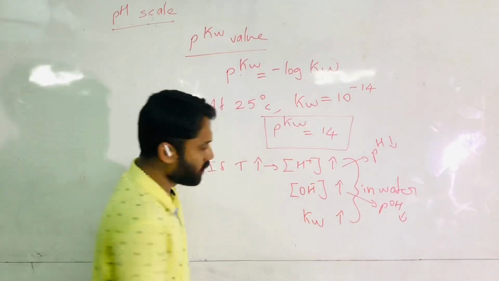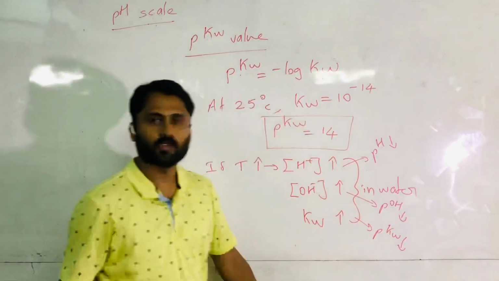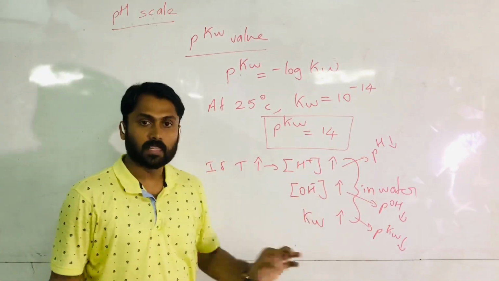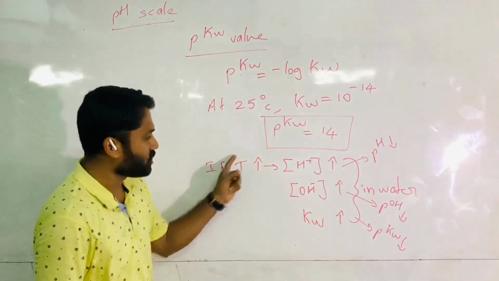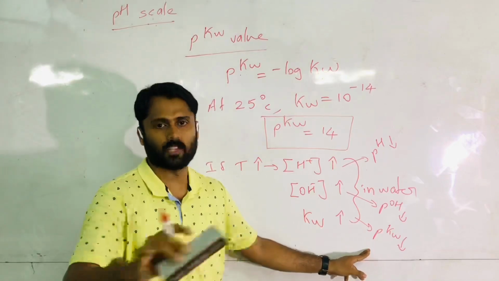If Kw increases, pKw decreases. So, pH 7, pKw 14, pOH 7, these values can be used only at 25 degrees. If we change the temperature, pH, pOH, and pKw all will change.